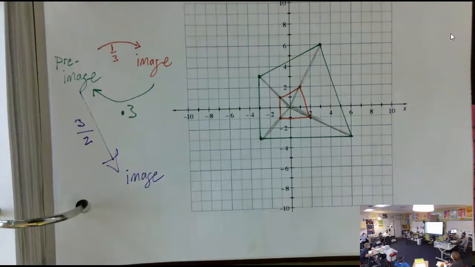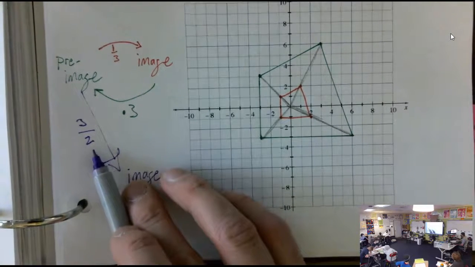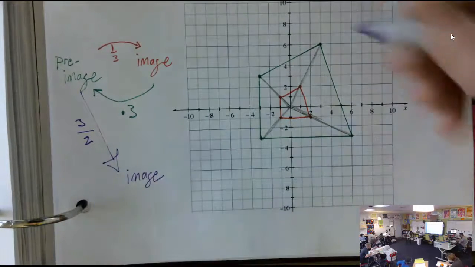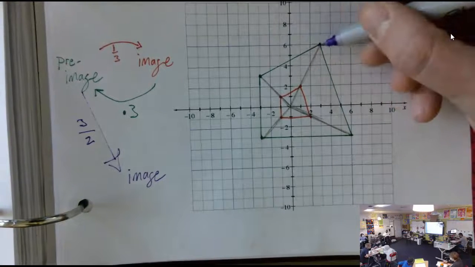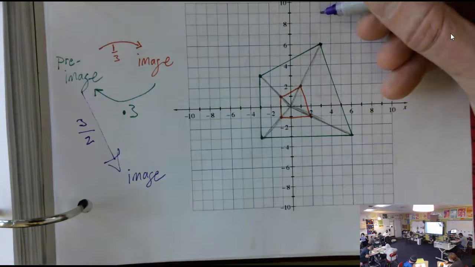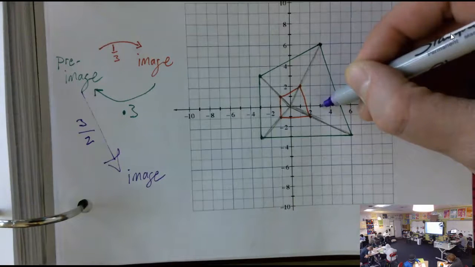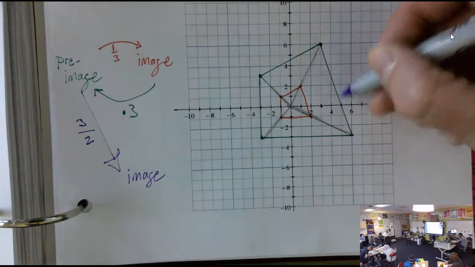Well, then suck it up. Multiply by 3, then divide by 2. So what's 6 multiplied by 3? 18, then divided by 2. 9 is now going to be how high up this point is. But then 3, oh, now I'm going to have to deal with decimals. 3 times 3? 9 divided by 2? 4.5.